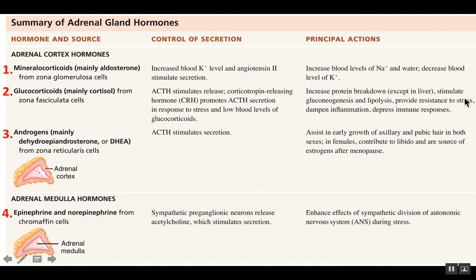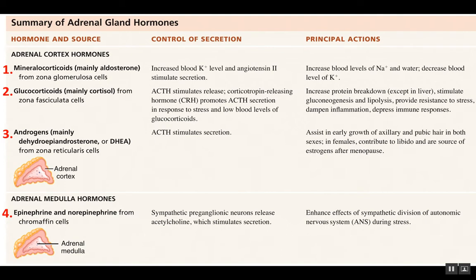It provides some resistance to stress, and the stress is more of a chronic stress an individual might have. It's also under the control of ACTH, adrenocorticotropic hormone, which is produced by the pituitary gland, the anterior pituitary gland, to stimulate the release of cortisol.